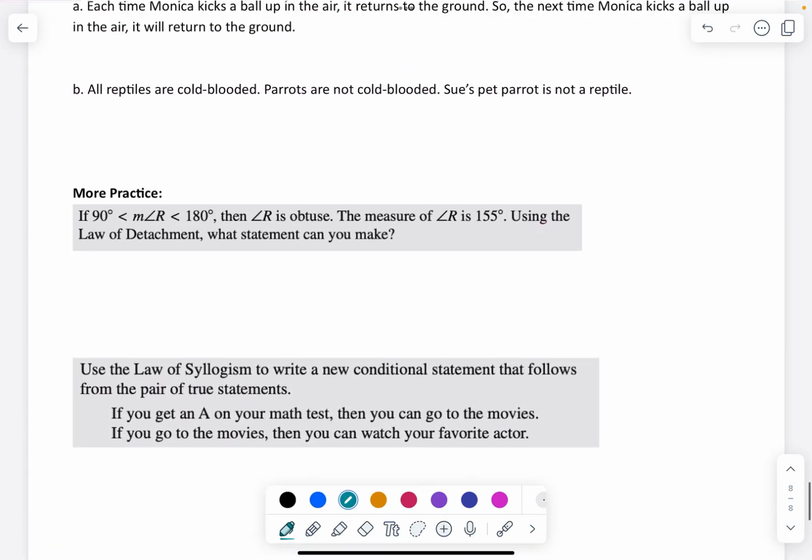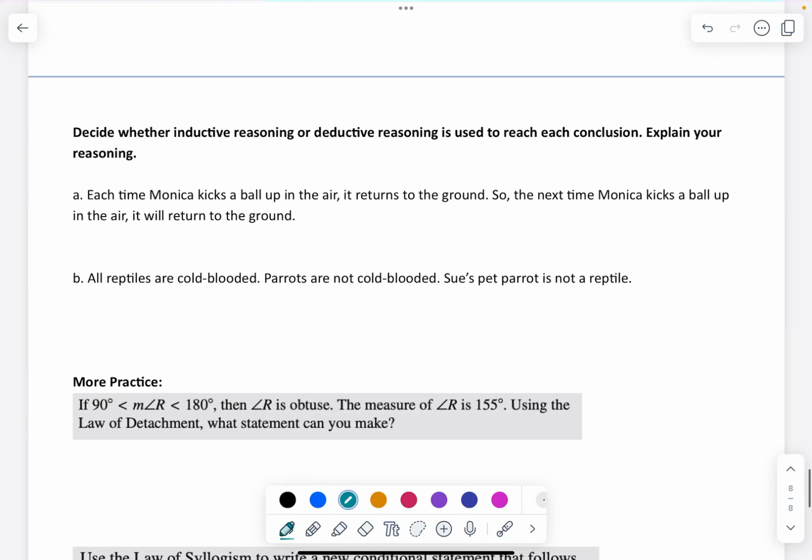All right, so finally we've got some examples. Decide whether it's inductive or deductive reasoning. Remember, this one is patterns. This one is logic. Okay, so each time Monica kicks a ball up in the air, it returns to the ground. So the next time Monica kicks a ball up in the air, it will return to the ground.